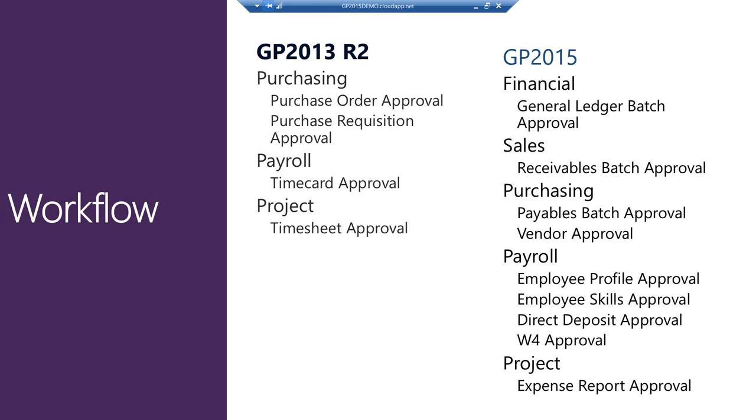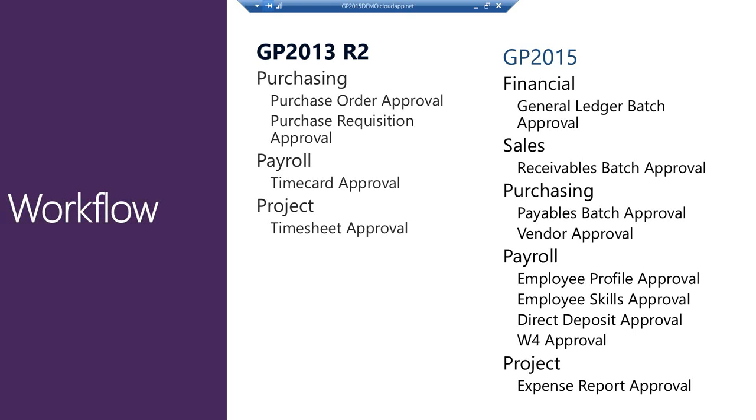When they released GP 2015 and they stopped supporting Business Portal, there were a good chunk of transactions that needed to have a new home and needed to have their own workflow engine. And so that's what they helped us with getting out the door.